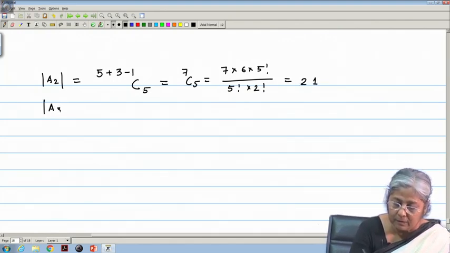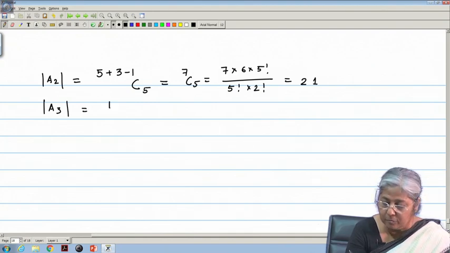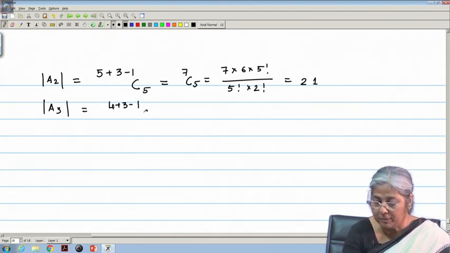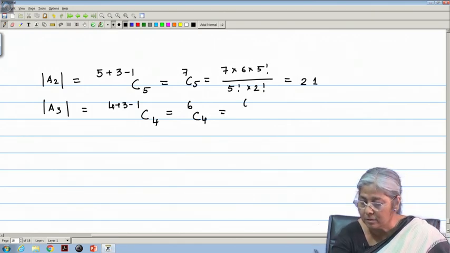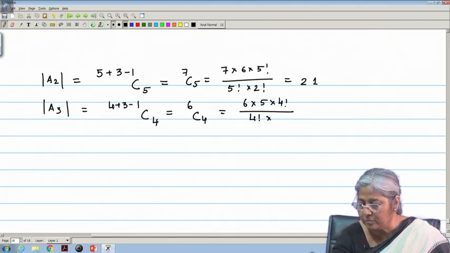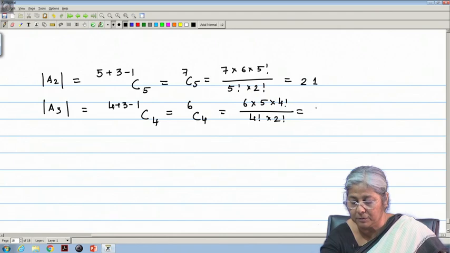Then A3 is 4 plus 3 minus 1, because more than 5 means 6. So, C appears, and this becomes 6 C4, equal to 6 into 5 into 4 factorial divided by 4 factorial into 2 factorial, and this becomes 15.